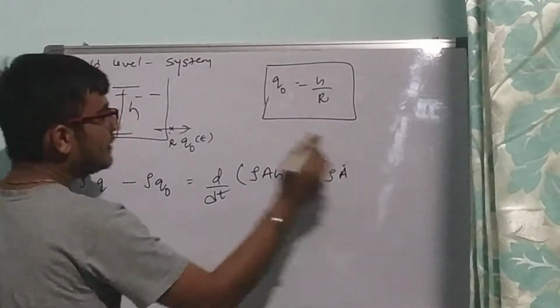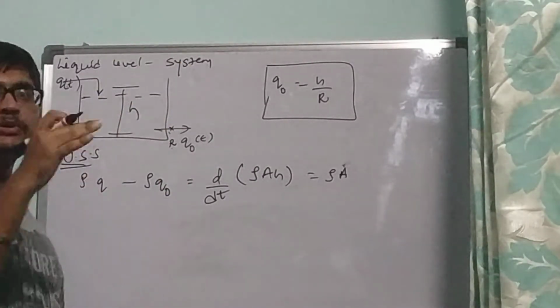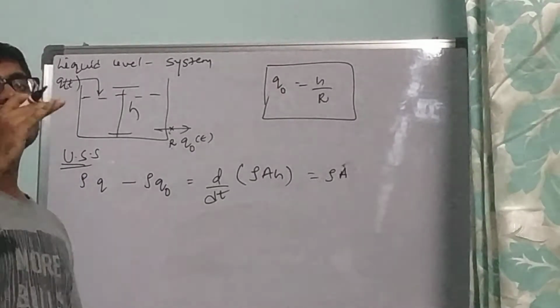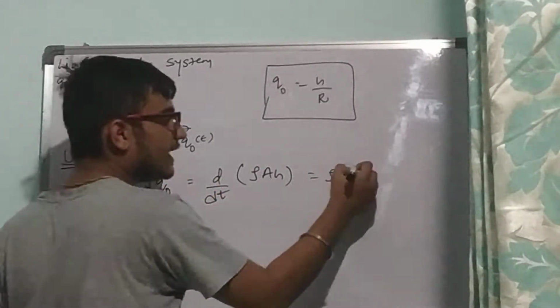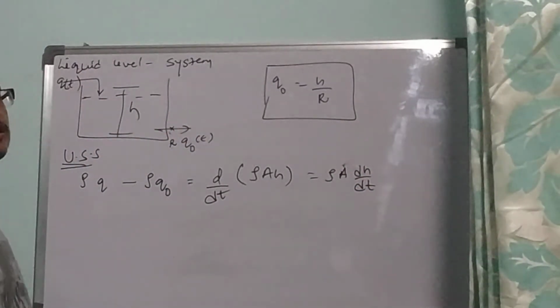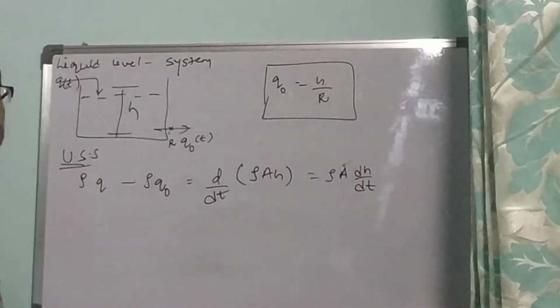In this complete picture, density and area remain constant, height varies because you are adding some liquid and some amount is leaving. Sometimes it will be at a certain height, sometimes at a lower height. So height is the parameter which varies here. The density of the substance and the area of the tank remain constant.